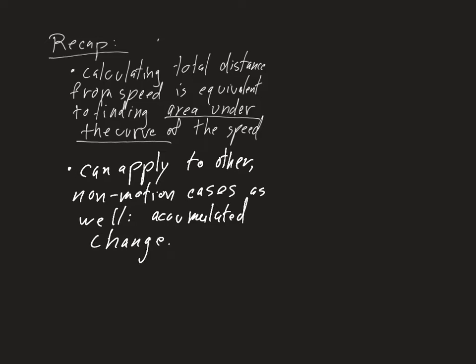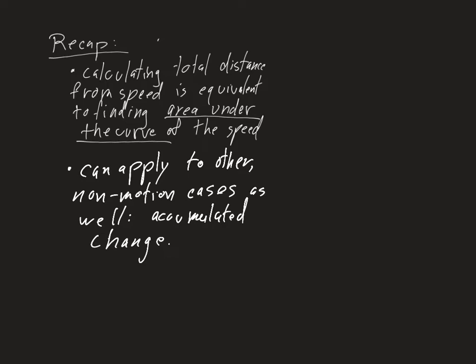So just like for derivatives, I always encourage you guys to think of the derivative of any function as its quote-unquote speed, even if the function itself didn't represent distance traveled. So in the same vein, when we think about integrals or definite integrals, the idea is always going to be similar to calculating total distance traveled if you're starting off from speed, right? You're always talking about some accumulated total change that you're measuring.